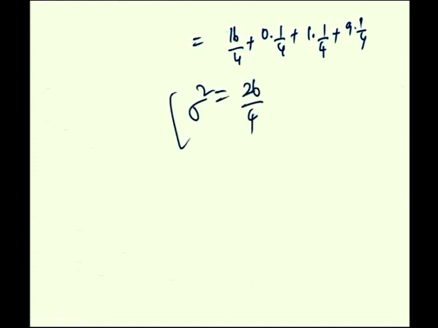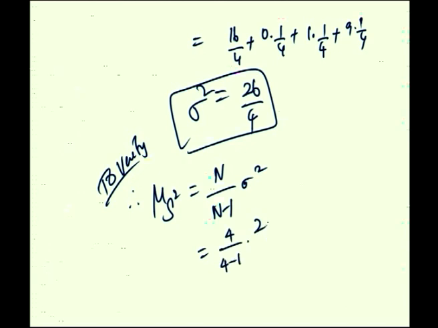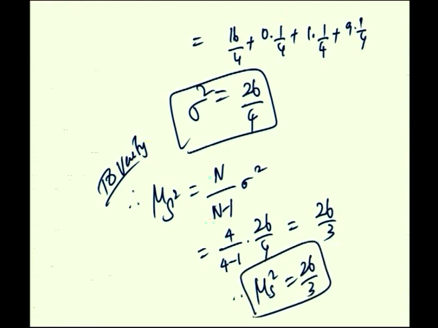This is your sigma square value. Now, to verify that mu s square is equal to n by n minus 1 into sigma square, n is 4, so 4 by 4 minus 1 into 26 by 4 gives 26 by 3. That is, mu s square is 26 by 3, which is the same as the value which we have calculated.